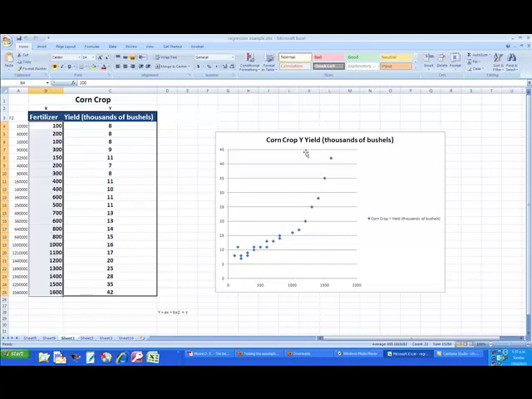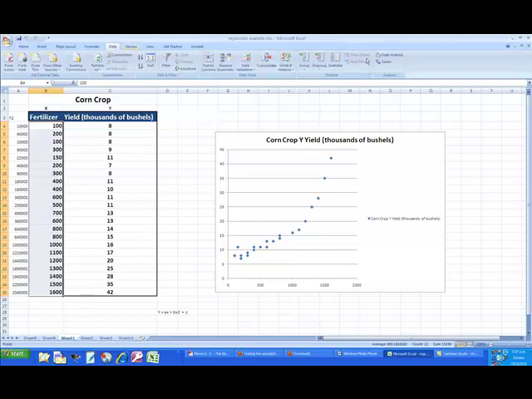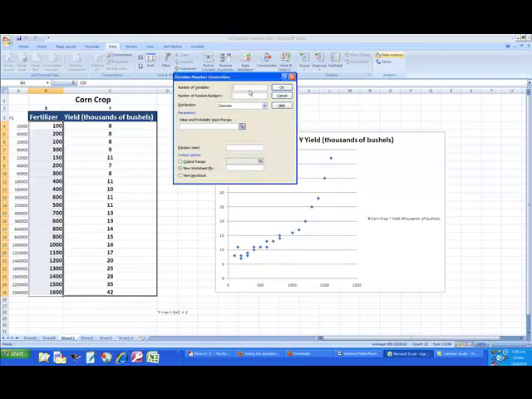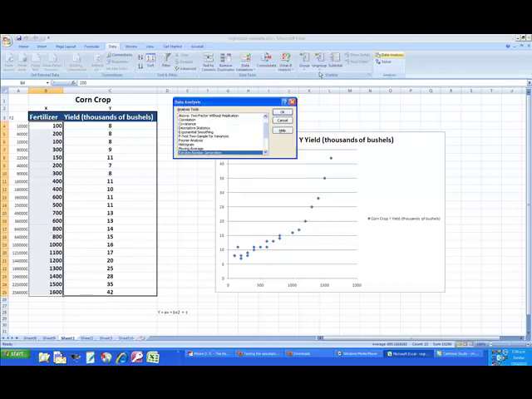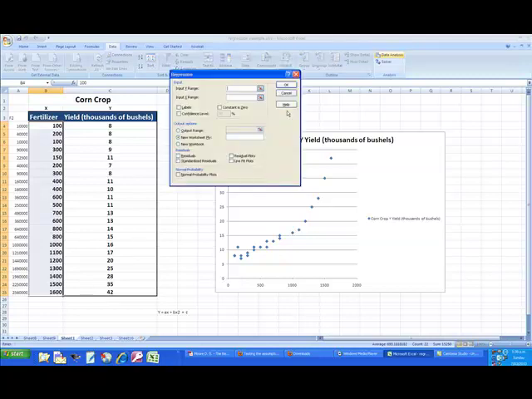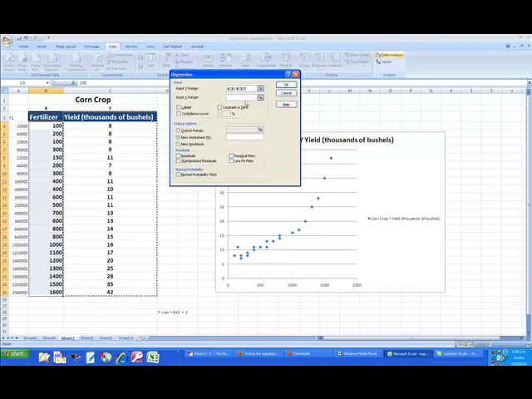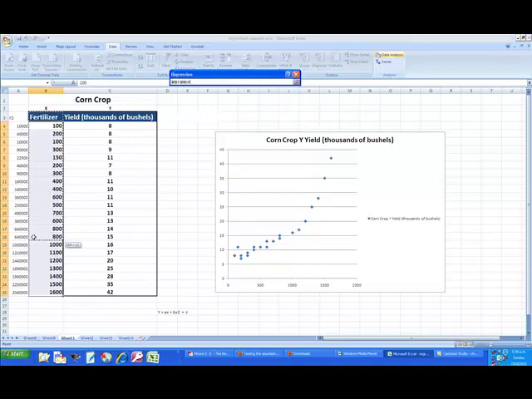So let's do it again. I did something wrong there. Regression. Okay, the y variable goes from here to here, and the x variable goes from here to here.